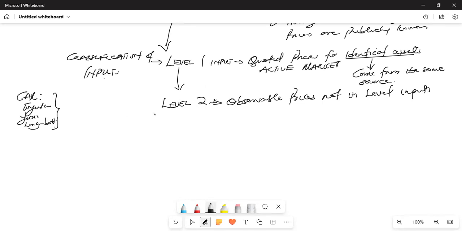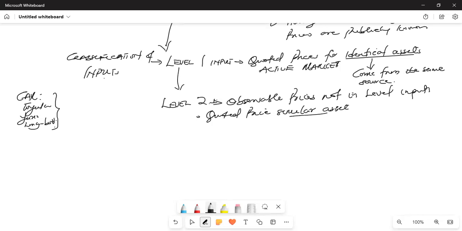Now, what are the observable prices not in level 1? One of them is the quoted price. So we will take the quoted price of a similar asset. And please, similar asset means that it has the same characteristics and everything, but it's not coming from the same source.